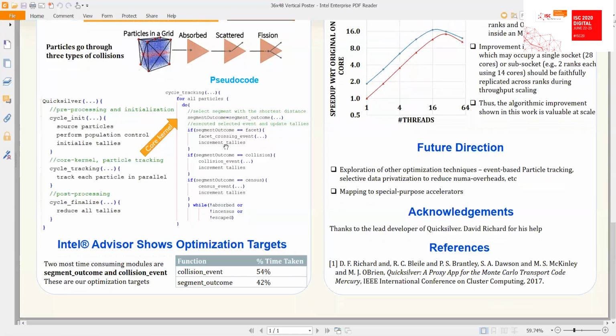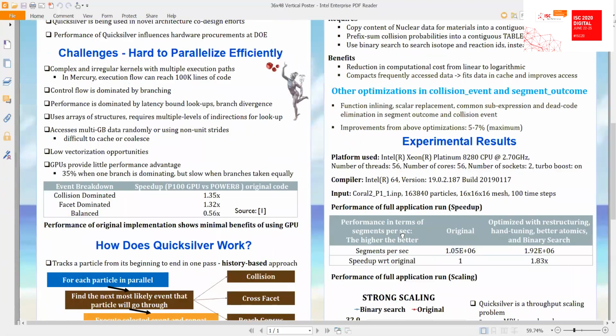When we profiled this code using Intel Advisor, we found that the two major time-consuming functions, which are taking almost 96% of the total runtime, are the collision event and the segment outcome functions. Collision event is the function that gets executed when a particle experiences a collision, and that was our main optimization target.